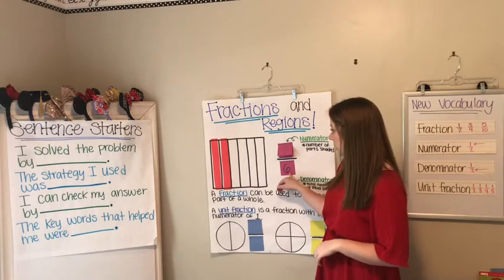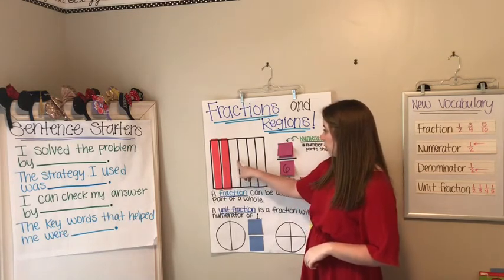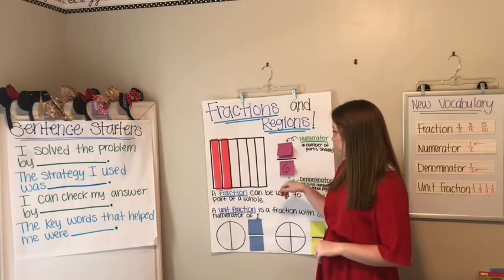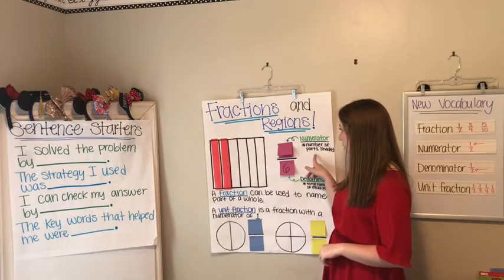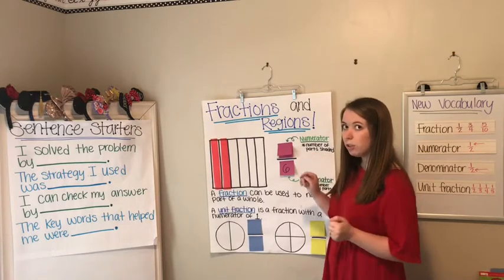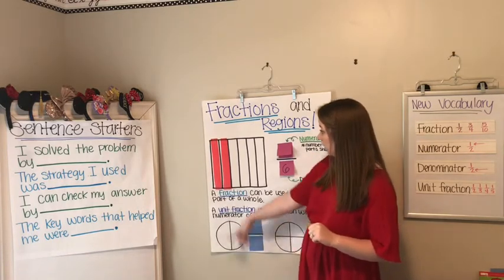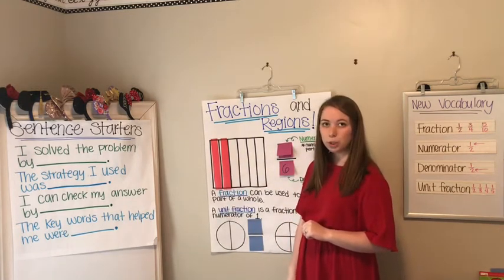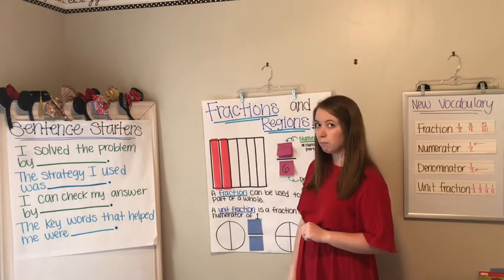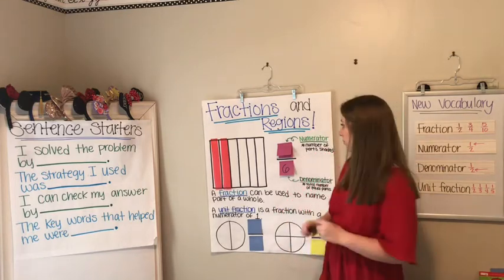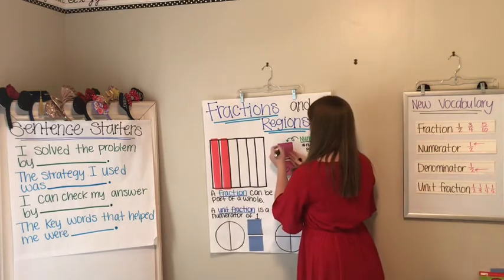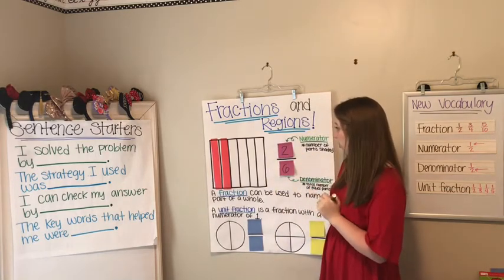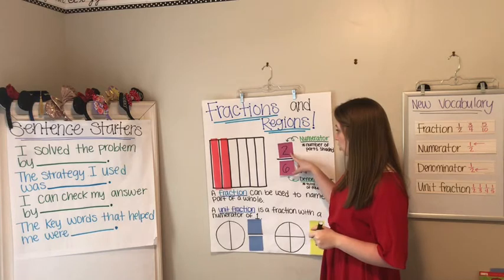So let's see. We have 1, 2, 3, 4, 5, 6. Cool. And then now I need to look at the total number of parts shaded. There's a different number of total parts, so let's look. 1, 2. So what's our numerator? 2, exactly. So we're going to draw a 2 as our numerator. So our new fraction is going to be 2/6.